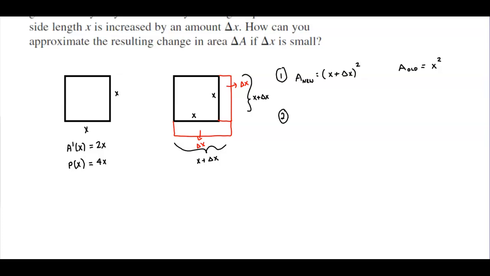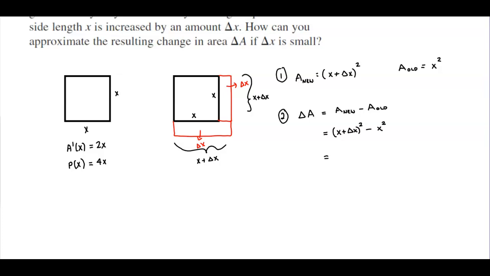Now we want to find the change in the area, which is the area of the new minus the area of the old. So that's x plus the change in x squared minus x squared.